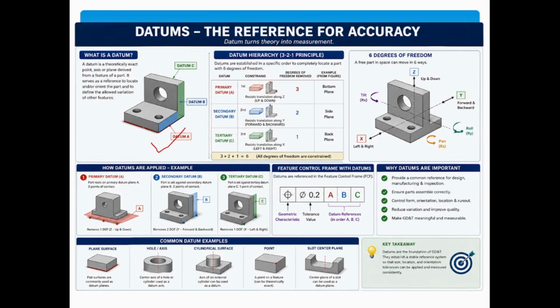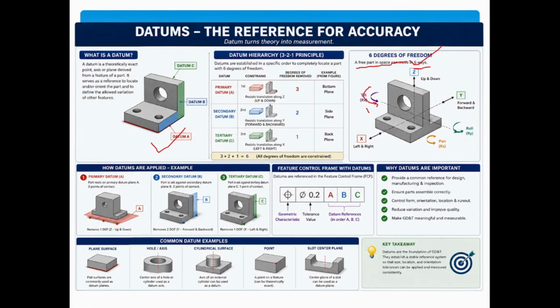Now, why three datums? We already know about the degrees of freedom, that there are six ways for a part to move in space. These three axes give linear motion, and the rotational motion is about these three axes. So six ways.